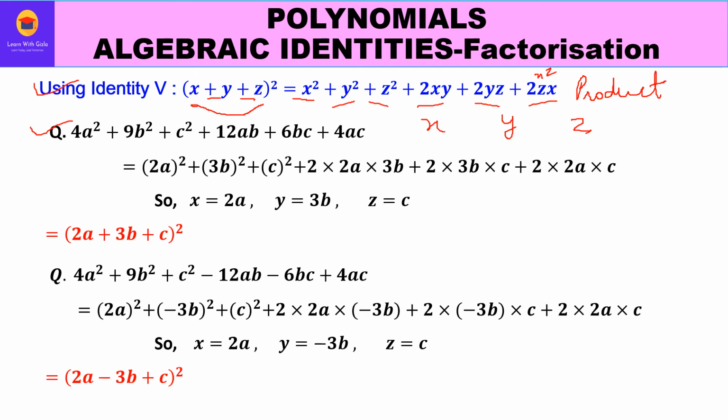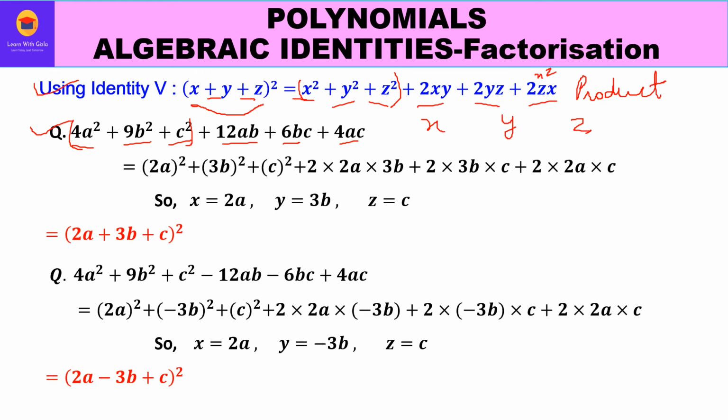So let us start with the question. We have 4a square plus 9b square plus c square. If you observe, these first three terms are square numbers, and next are 12ab plus 6bc plus 4ac. Now we have to compare the first three terms of the product with the first three terms in the question to identify what is your x, y, z.